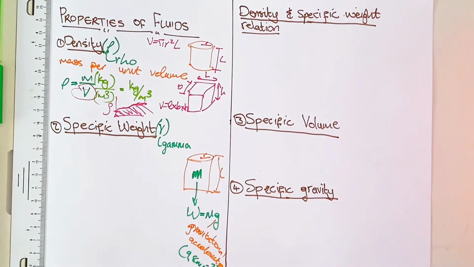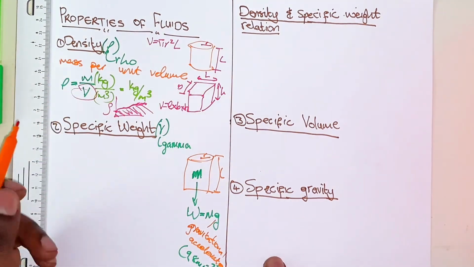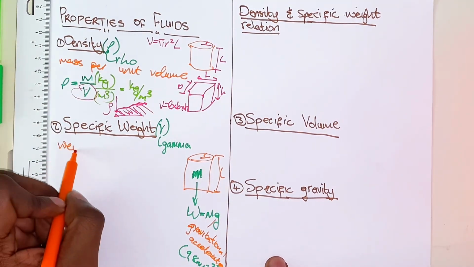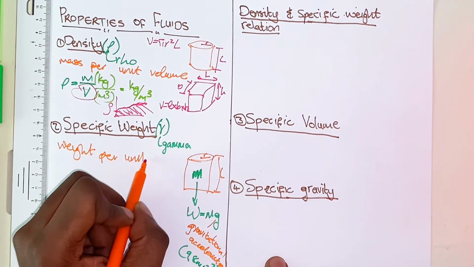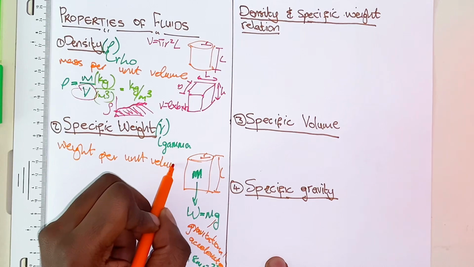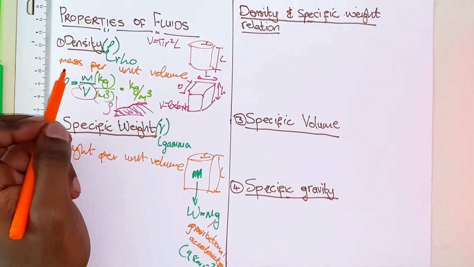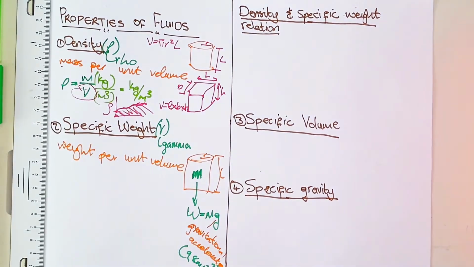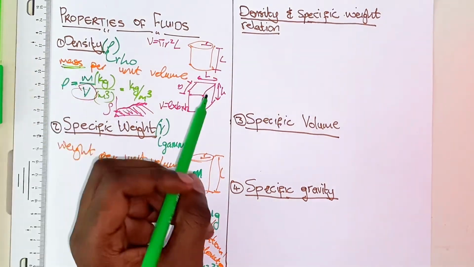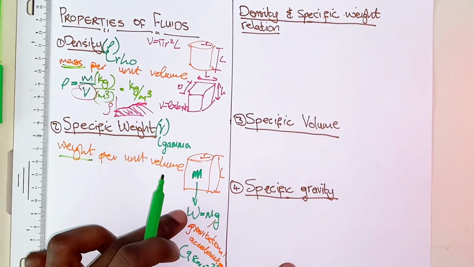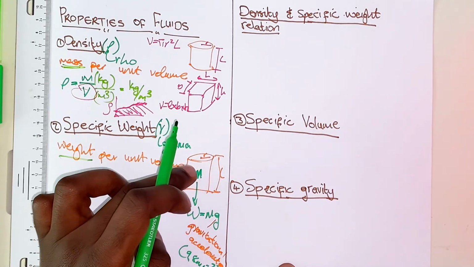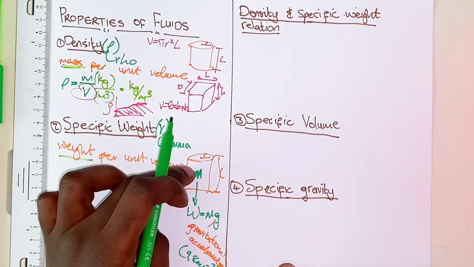So how do we define specific weight? We can say that instead of mass per unit volume, it is now the weight per unit volume. Now, instead of a scalar mass, which is just the composition of the material, here we take weight, which is the force that is being exerted on the mass of that material.